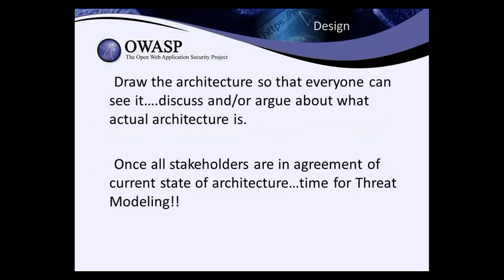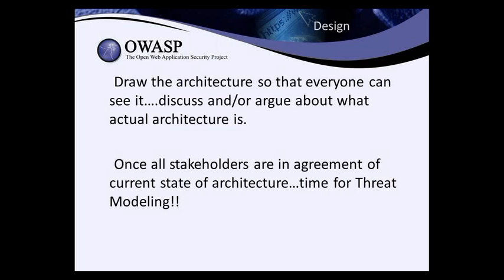So the first thing you do, draw the architecture so that everyone can see it, and then everybody argues that that's not what the architecture looks like now. That always happens. The lead architect goes up there and he draws and draws and draws and then sits down and then somebody says, no. Nope, that section, that doesn't look like that anymore. And lead architect, what are you talking about?